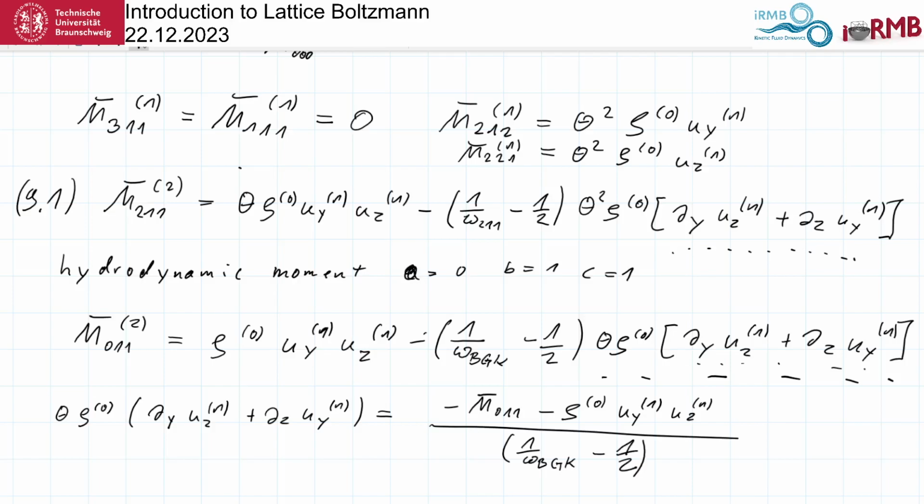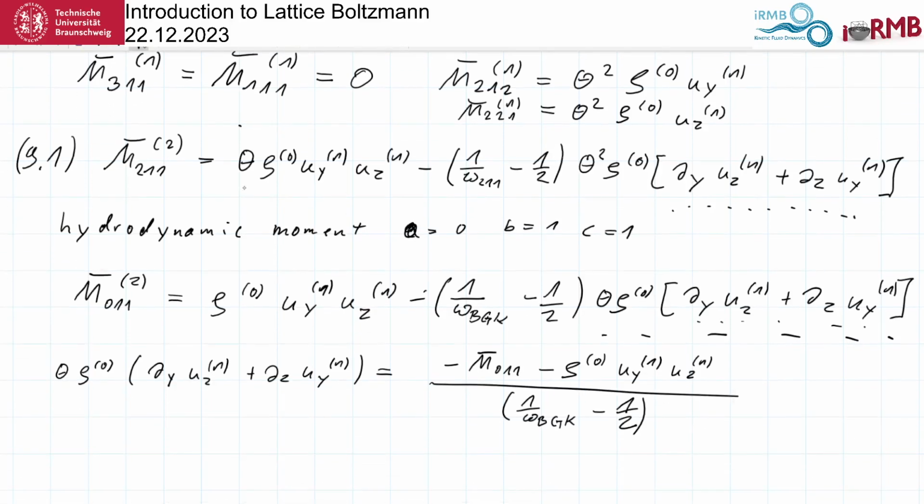Yeah, so now we see this gradient term, which depends on the solution of the Navier-Stokes equation, because here is u1. So you take the solution of the Navier-Stokes equation, then this moment M011 has to satisfy this condition.